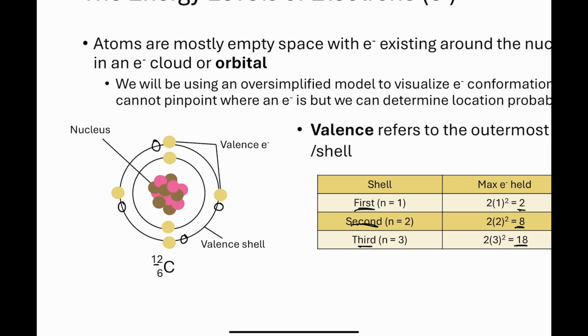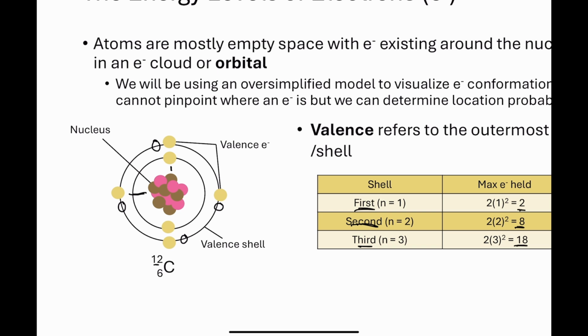So I wanted to go back to the idea of potential energy. In the first shell, we have a shorter distance from electron to nucleus, and in the second shell, we have a greater distance from electron to nucleus. And this increased distance is what's going to increase the potential energy of the electron. And because matter always wants to move to the lowest possible state of potential energy, this is why atoms can actually donate or gain electrons.